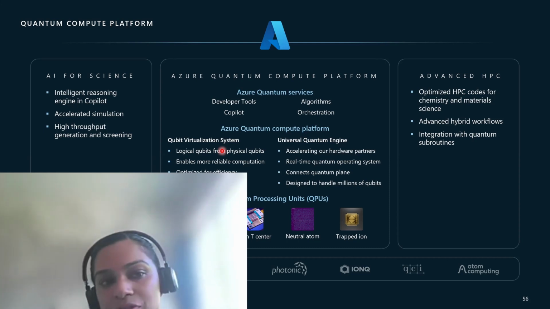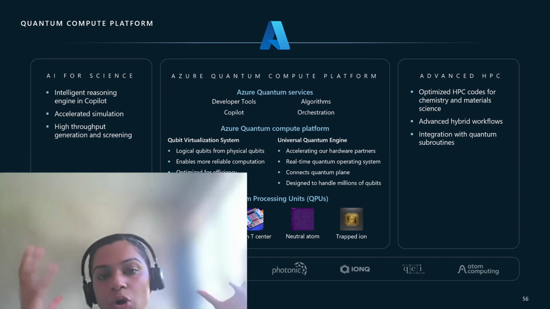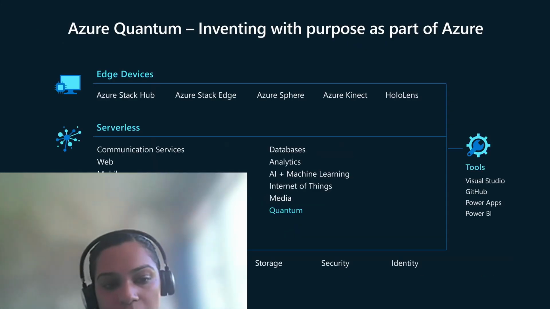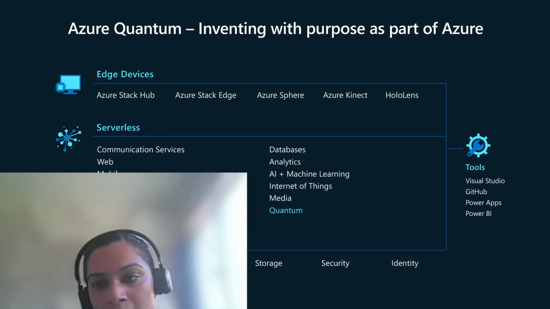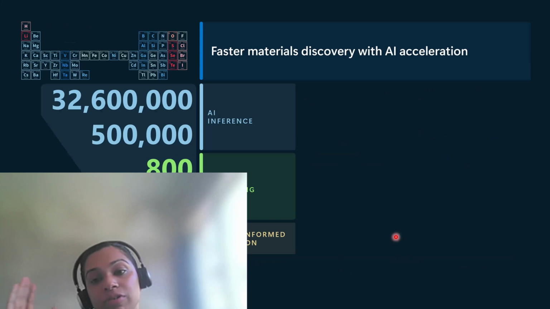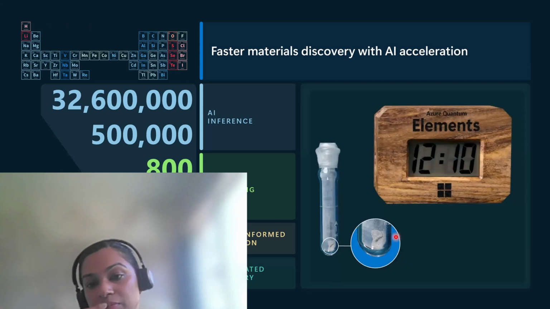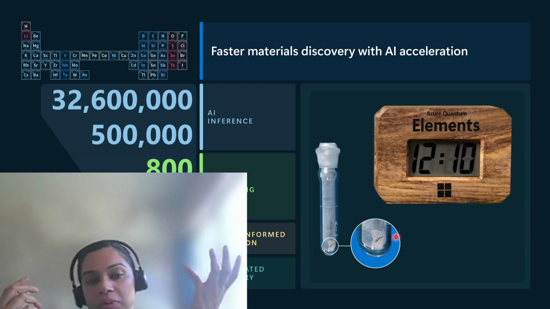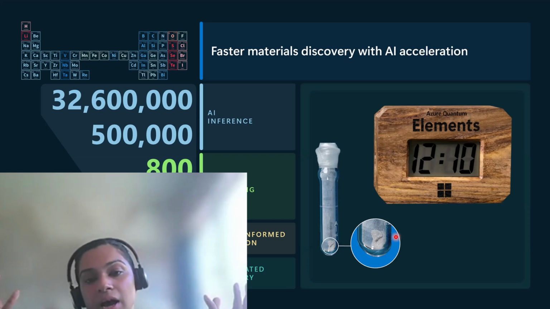And HPC, like I said, AI for science and HPC is very important for us in combination with quantum. So I'm going to skip some of this and show you one single slide before we finish. I told you about Discovery, which is our first application platform, Microsoft Discovery. It's a combination of HPC, AI, and quantum.